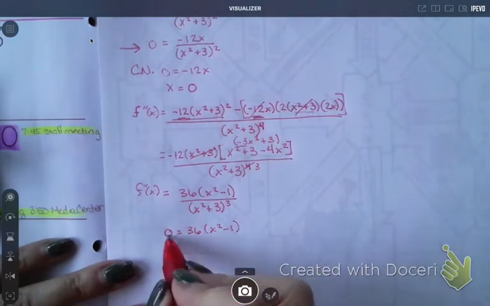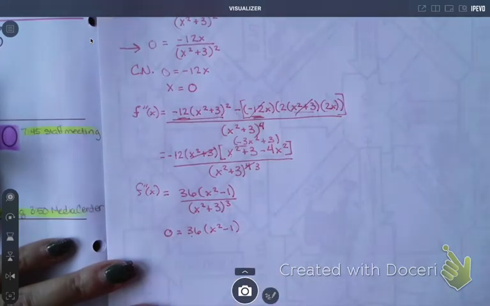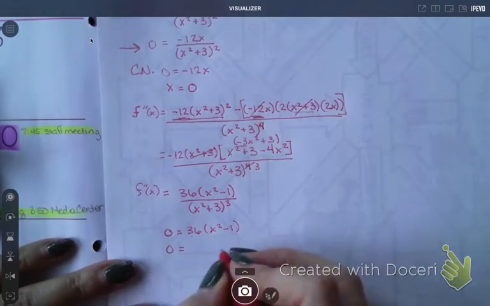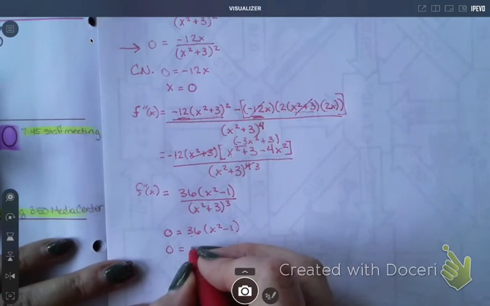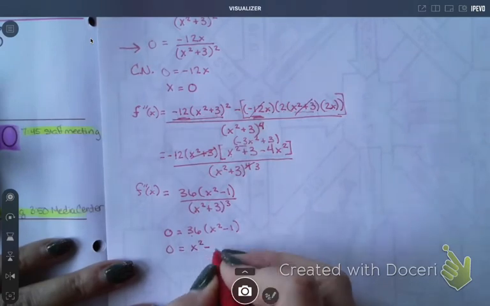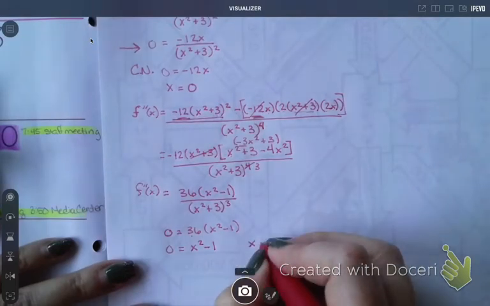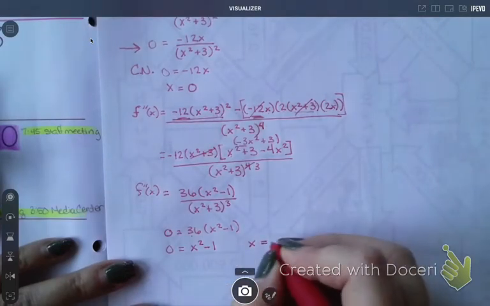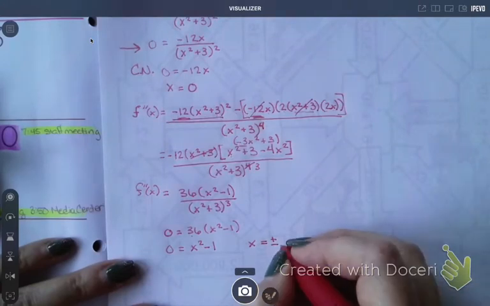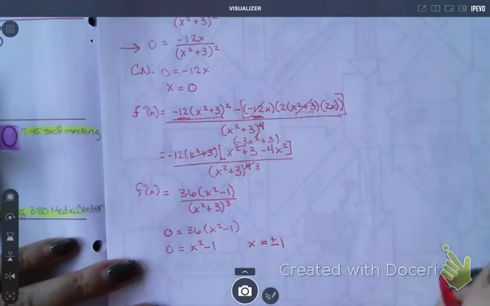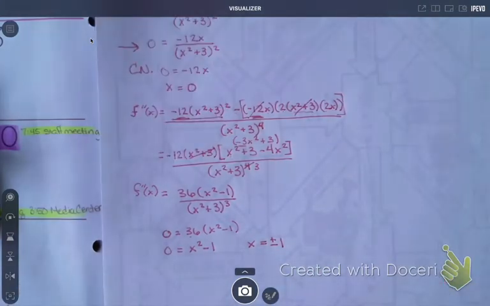Well, what is 0 divided by 36? 0. So 0 equals x squared minus 1. So x equals 1 and negative 1, because you would add 1 over, and when I take the square root, isn't it positive and negative? Mm-hmm. Okay.